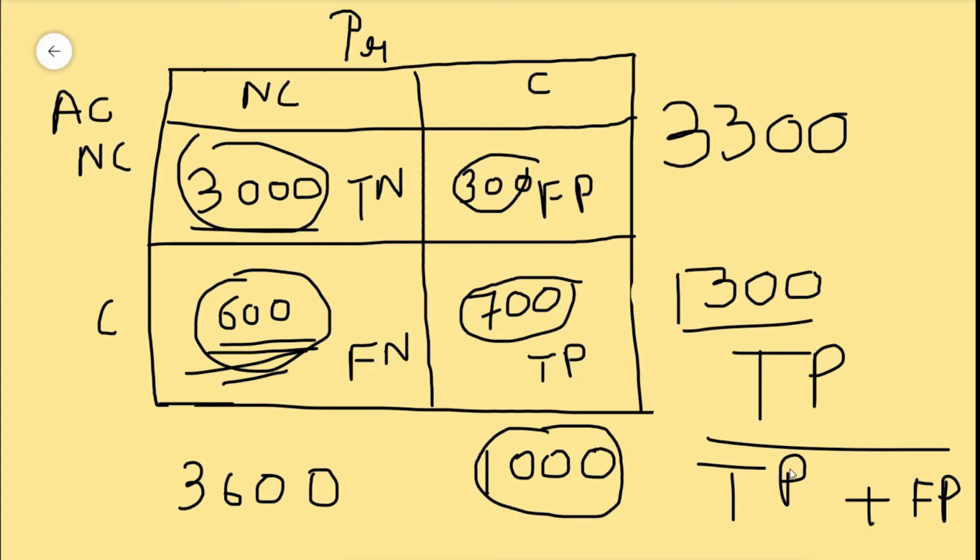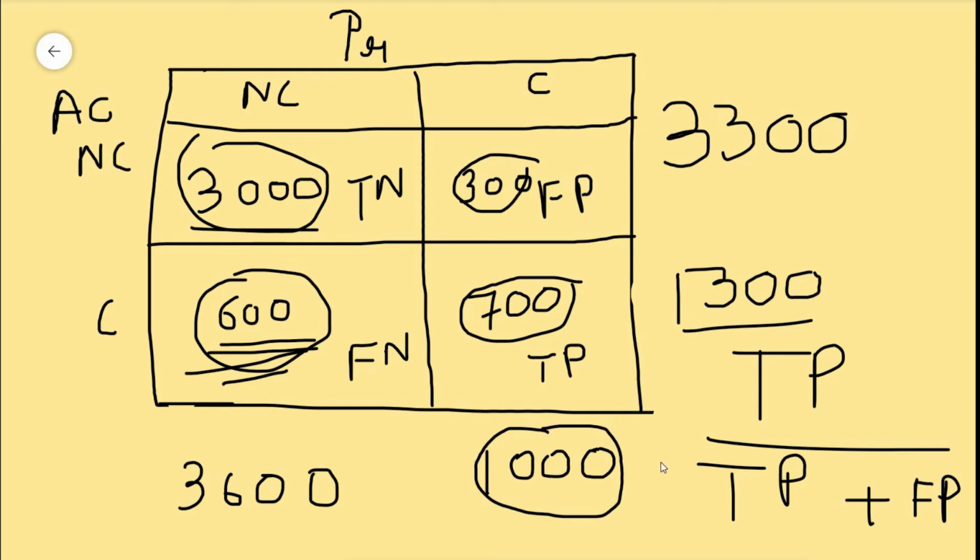So TP by TP plus FP tells us, out of the total number of positive classes predicted by our model, how many actually belong to the positive class, that is 700 divided by 1000, right? I'm going to repeat myself again. 1000 is the number of data points predicted by our model which belong to the positive class.